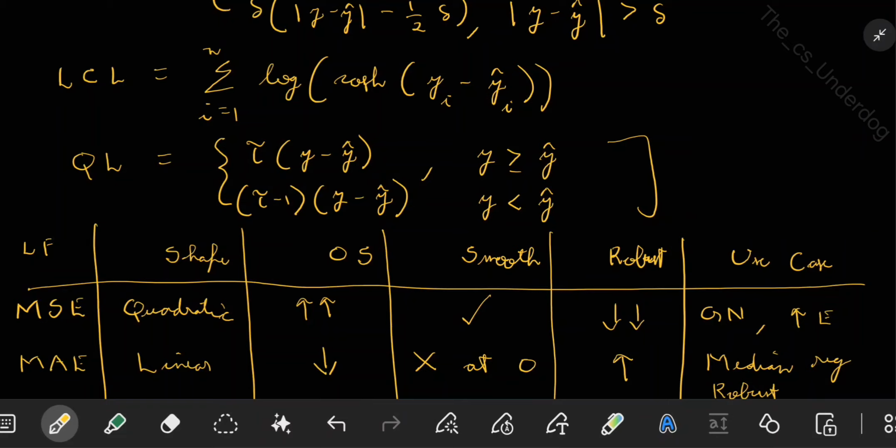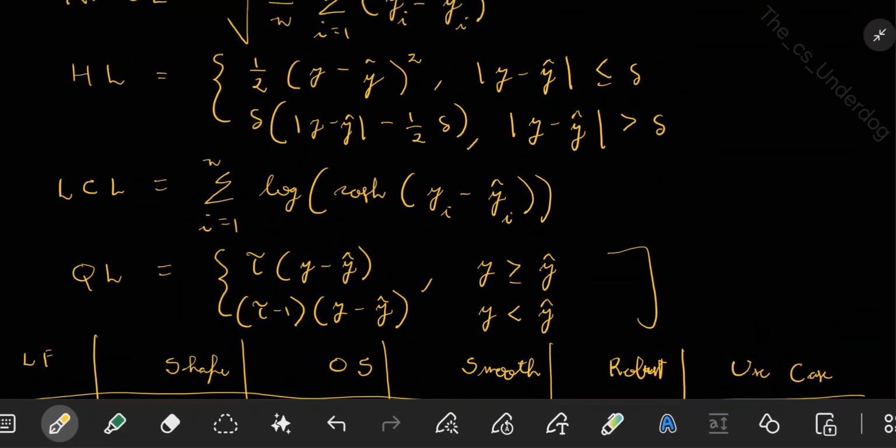Again, because you are having two formulas here, see one thing: previously, the reason you had two formulas was to make sure that whenever error is larger, you have mean absolute error kind of behavior, and when error is smaller, you have mean squared error kind of behavior. That is quadratic behavior initially and linear behavior as you go ahead.